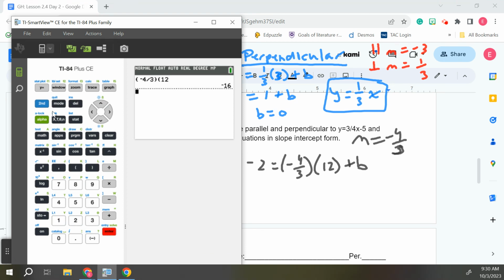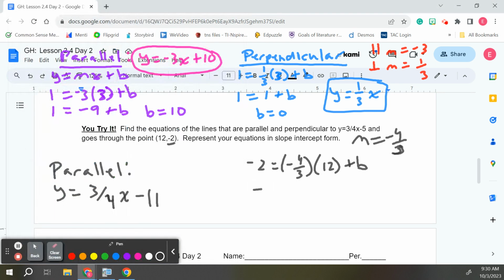That gives me negative 16, which is pretty nice. So I have negative 2 equals negative 16 plus b. I add the 16 to both sides. So I get b is equal to 14. So that's how we get y equals negative 4 thirds x plus 14. Make sense? Any questions?